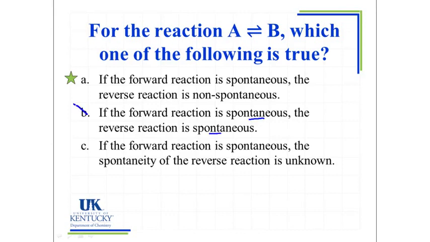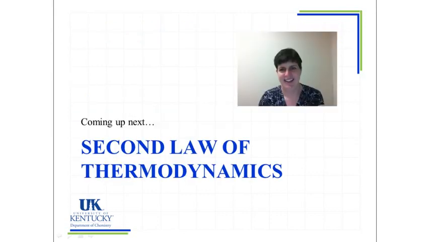This can't be true because if a reaction is spontaneous in one direction, it must be non-spontaneous in the reverse direction. If the forward reaction is spontaneous, the spontaneity of the reverse reaction is unknown. This is also untrue. We know that if a reaction is spontaneous in the forward direction, it must be non-spontaneous in the reverse direction. Next, we'll look at the second law of thermodynamics.